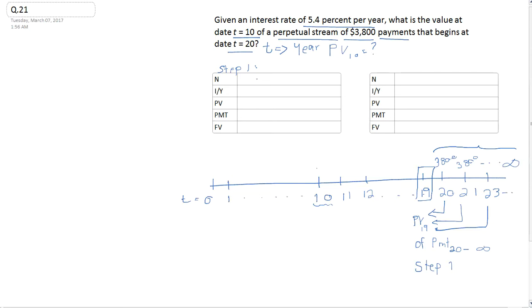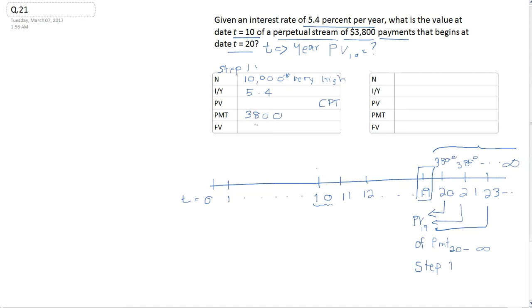So n will be what? Because it just go from time 20 to infinity, so n will be very high number. You can put any number, has to be very high. Okay, IY will be 5.4, and again it's already per year, so we're good to go. PV, that's what we need to compute. PMT is 3,800.